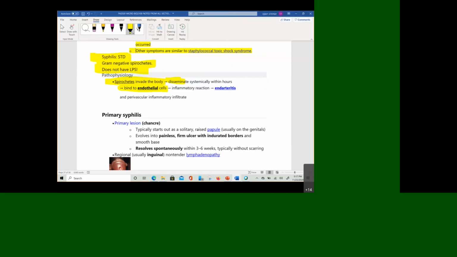This leads to an inflammatory reaction which causes endarteritis and perivascular inflammatory infiltrates. And then there are 3 stages of syphilis that characterize its manifestation.